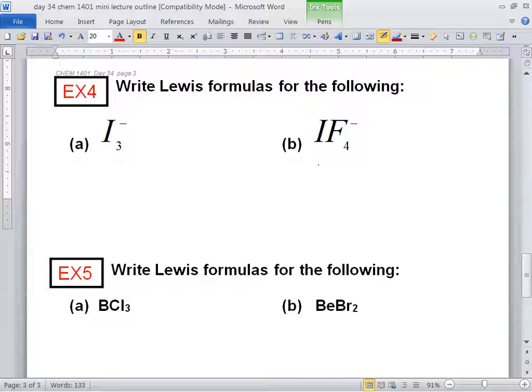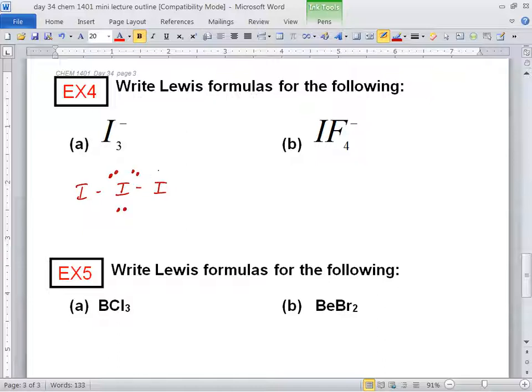That looks good. On triiodide, I see people drawing 3 lone pairs on that. When you draw them, try to make them at the corners of a triangle.